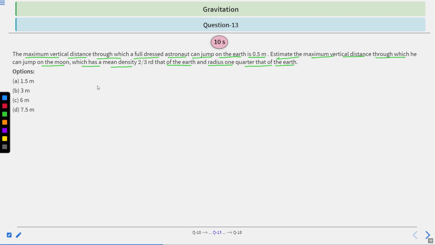Clear? So which option is correct? Option A 1.5 meter, option B 3 meter, option C 6 meter, option D 7.5 meter. You have 10 seconds to solve this question. After 10 seconds, we will provide the solution.